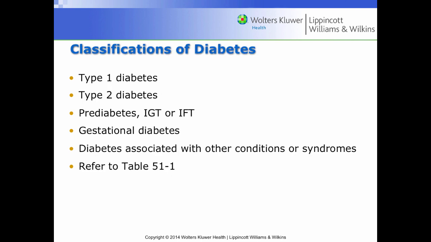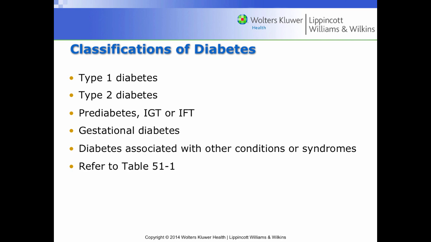There's a few terms to use to classify diabetes. The two most common types of diabetes are type 1 and type 2. They're very, very different disorders, and we'll define that in a moment. There's also a couple of terms to describe pre-diabetic stages. IGT stands for impaired glucose tolerance.